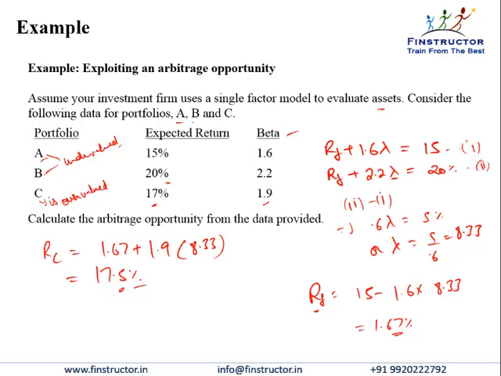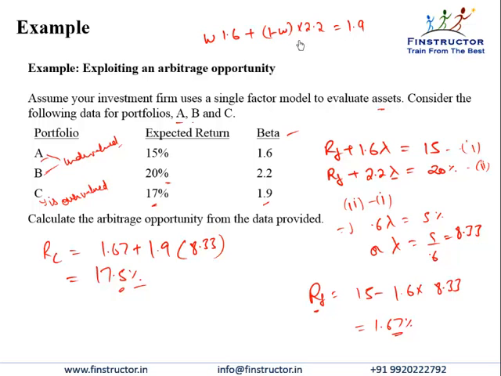Now to exploit this arbitrage, we can create a 1.9 beta portfolio by simply weighting A and B. So let's assume, let's put W in A, so that W into 1.6 plus 1 minus W into 2.2 is equal to 1.9.